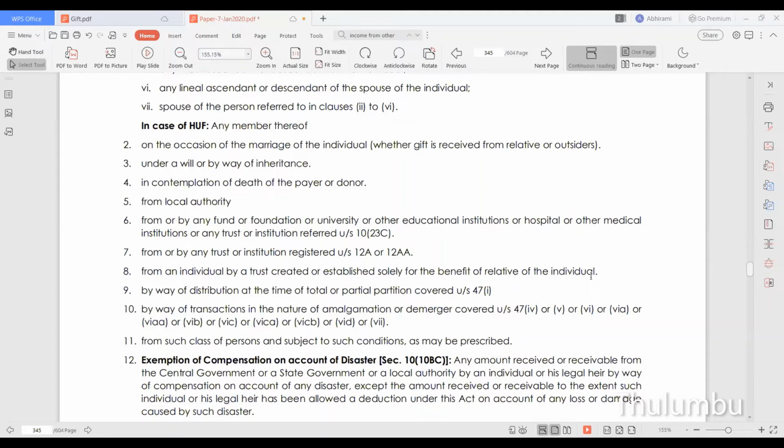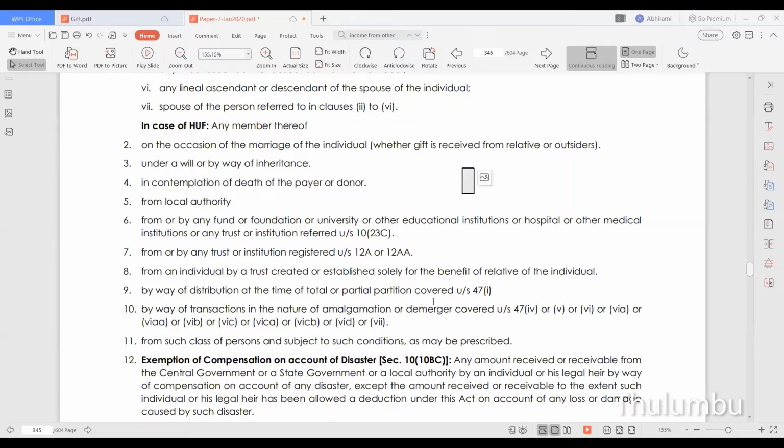So அதாவது எப்படின்னா say எங்க தாத்தா இருக்காரு, பேர பசங்களுக்கு சொத்து போகணும்ன்றது, டைரக்டா கொடுக்காம அதுக்கு ஒரு ட்ரஸ்ட் ஃபார்ம் பண்ணி அப்புறமா தராரு. So even in that case it will not be considered as gift. By way of distribution at the time of total or partial partition.